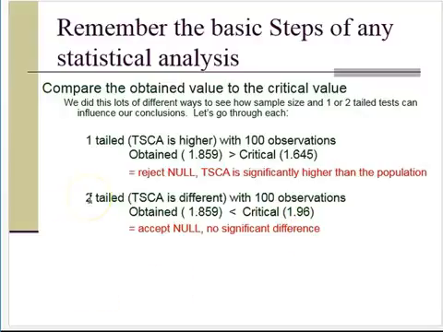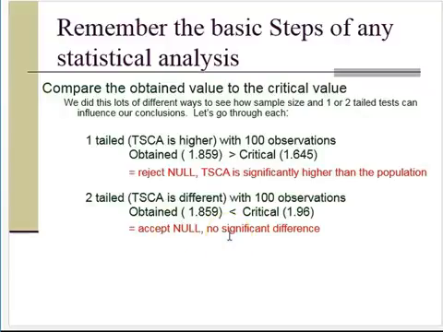But if we'd done a two-tailed test, even with our 100 observations, our obtained value is still 1.859, but because we're now doing a two-tailed test, that critical value has changed to 1.96, and 1.859 is not greater. It's less than 1.96, so we would be forced to accept the null and say that there is no significant difference.